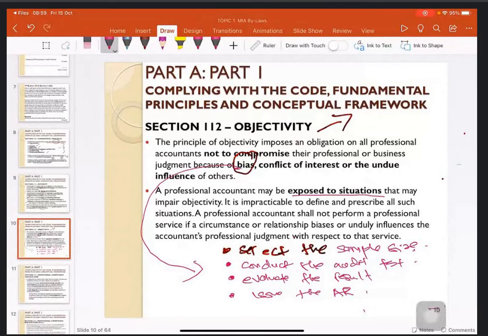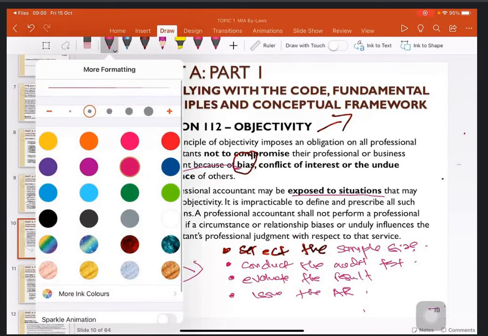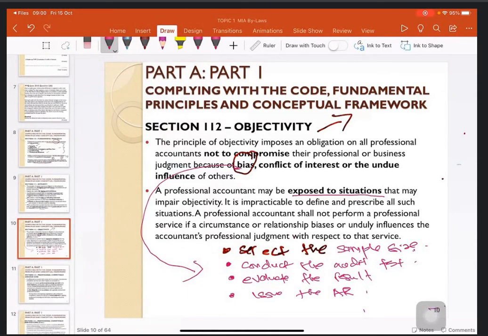For example, be too close dengan klien, dapat gift daripada klien, okay? Ataupun dapat other benefit daripada klien, ataupun you involve in certain activities dengan your client which may impair your objectivity later on. Sebab kadang-kadang kalau you ada good relationship, close relationship ataupun blood relationship dengan your client, you might be biased. Faham ya kelas ya?